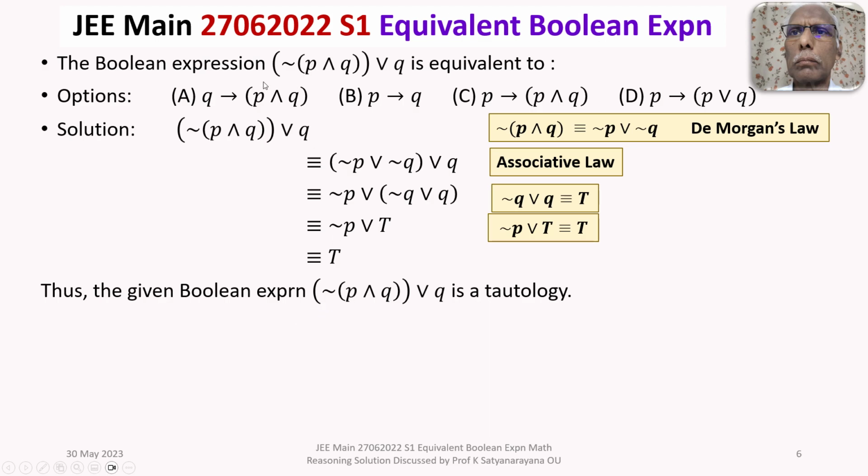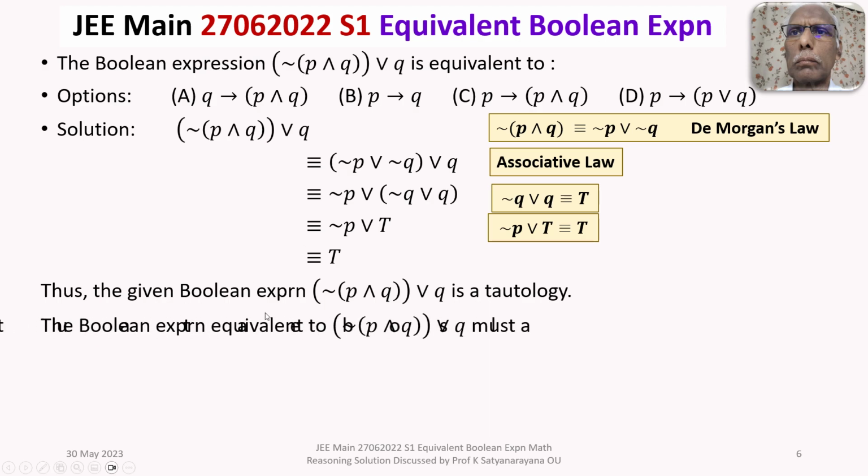We want to find that Boolean expression from these four options which is logically equivalent to this given Boolean expression. But this given Boolean expression is a tautology. Therefore, we have to find out which one among these four options is a tautology.